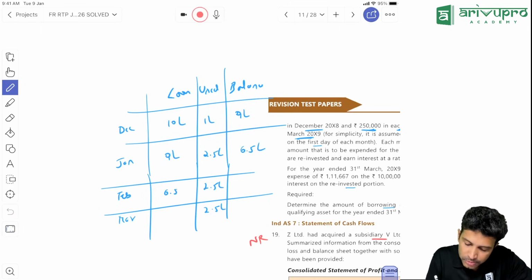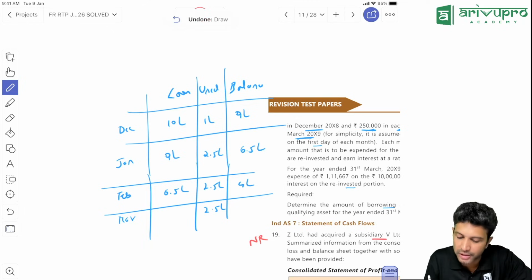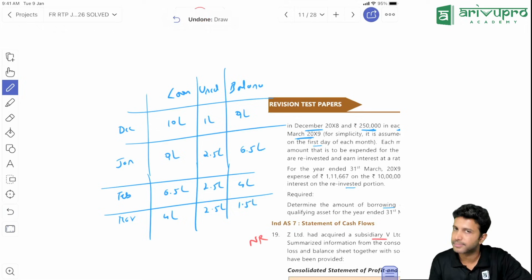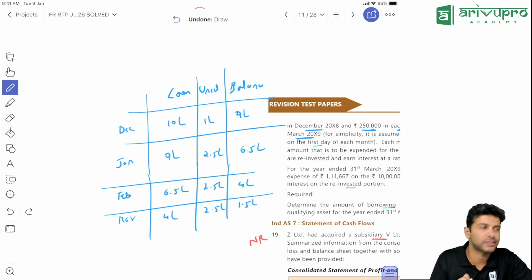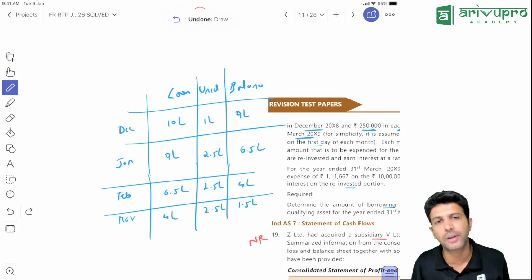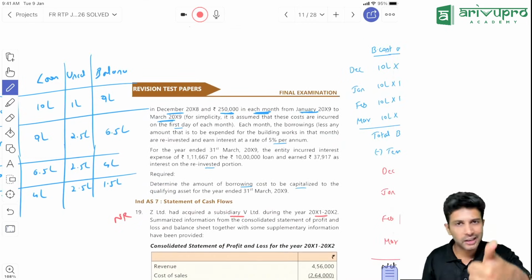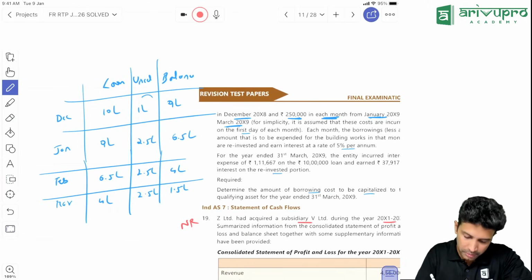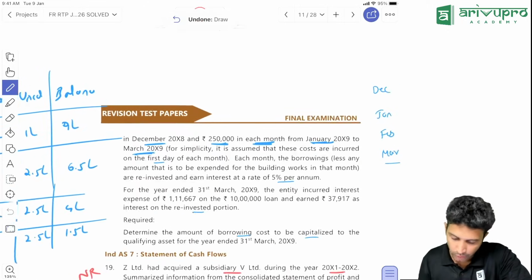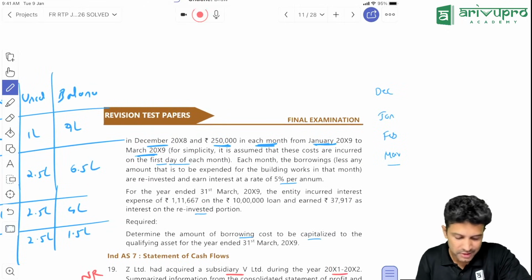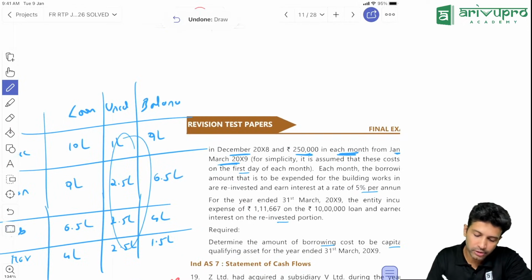In 6.5, 2.5 you have utilized, so remaining is 4. In 4, 2.5 you have utilized, so remaining is 1.5, like that. I'll tell you why I did this. It's not required to be done in the exam, just for one of the calculations, this becomes easy. That's how you have utilized the money in December, January, February, March. Alright, for simplicity, assume that these amounts are spent on the first day of the month only.